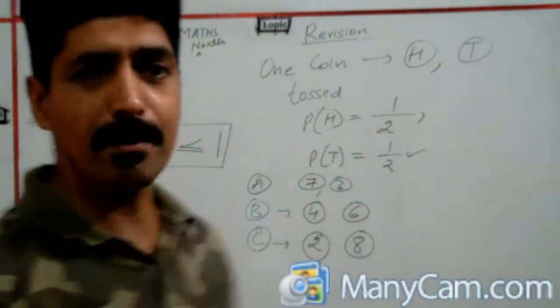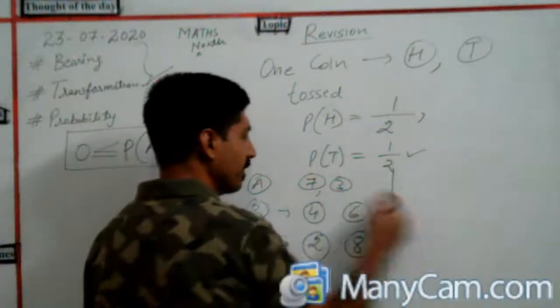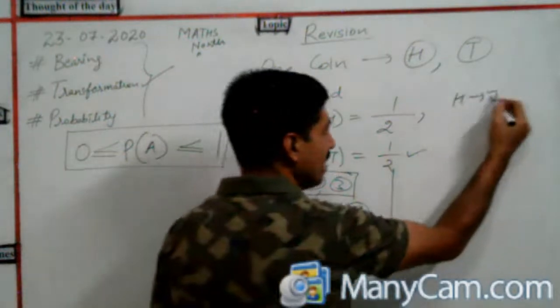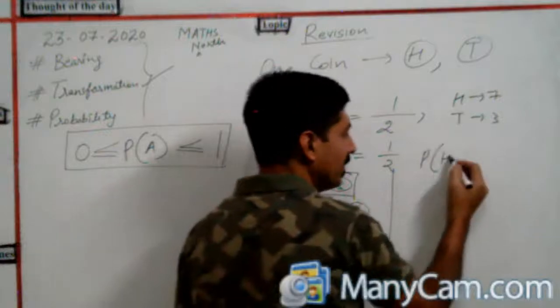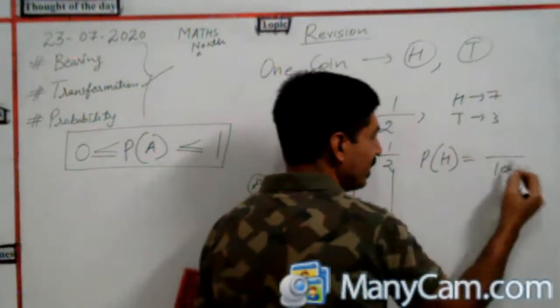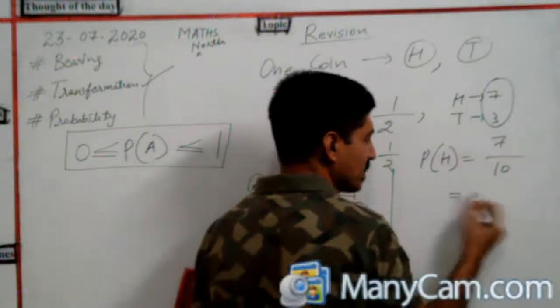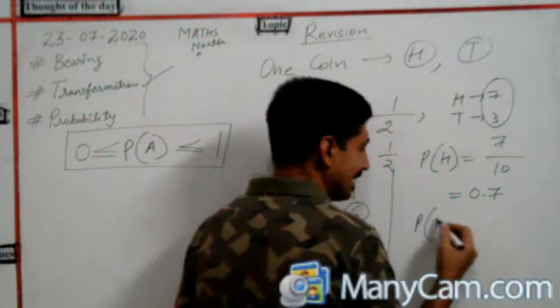But what is the probability? So in this case, what was the probability? If one is getting head 7 times and tail 3 times, the probability of coming head, the total sample space is 10. So 7 by 10, that is 0.7. And what is the probability of tail?